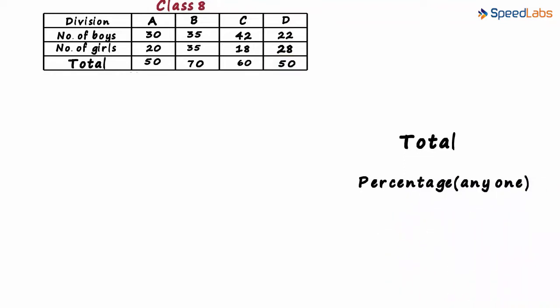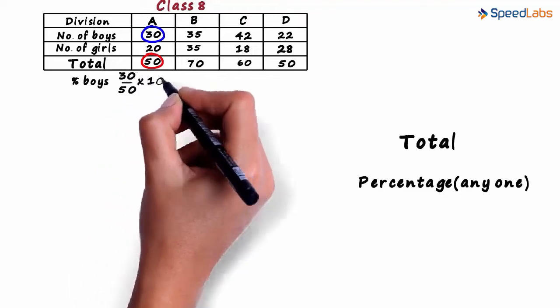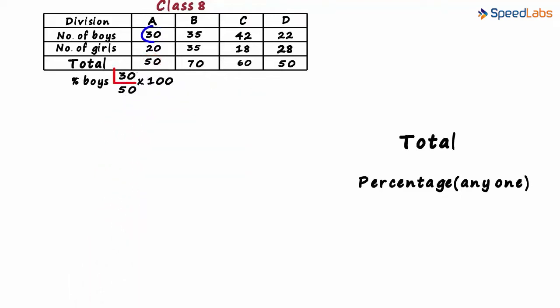So let us find the percentage of boys in every category. In Division A, there are 50 students, out of which 30 are boys. So the percentage will be 30 by 50 multiplied by 100. Number of boys divided by the total number of students multiplied by 100. That will equal 60%.